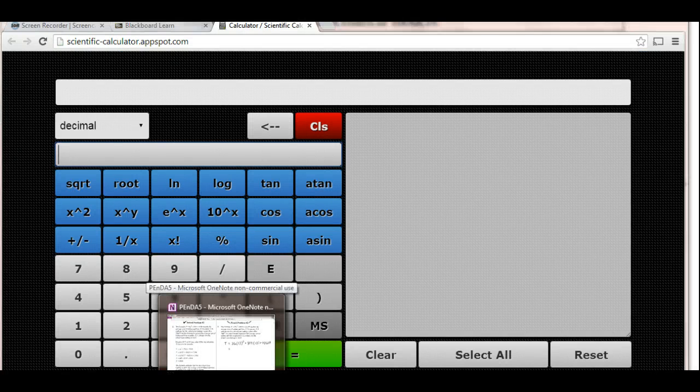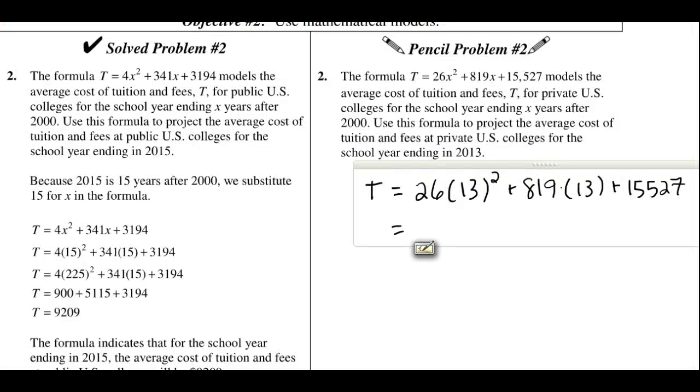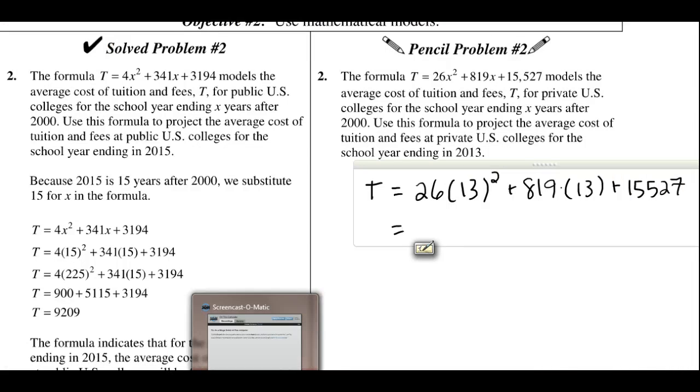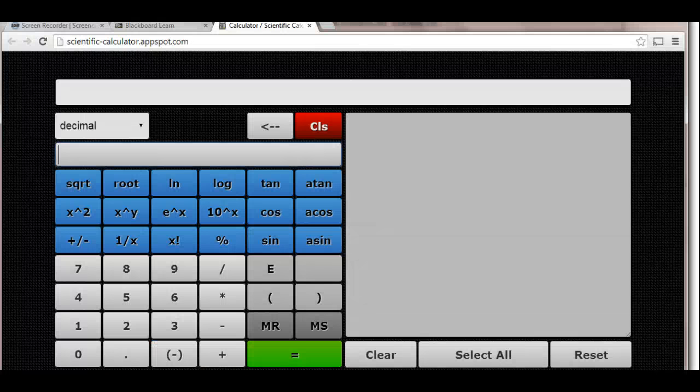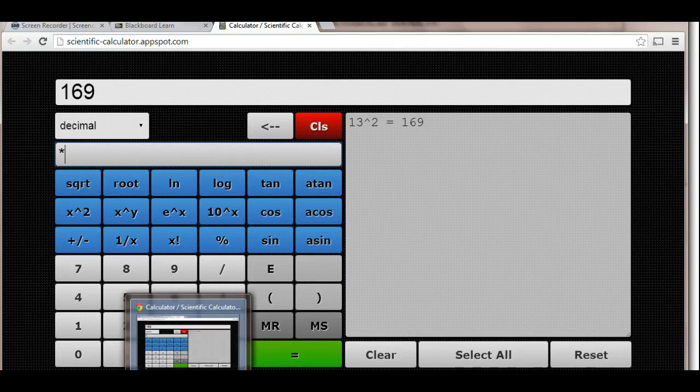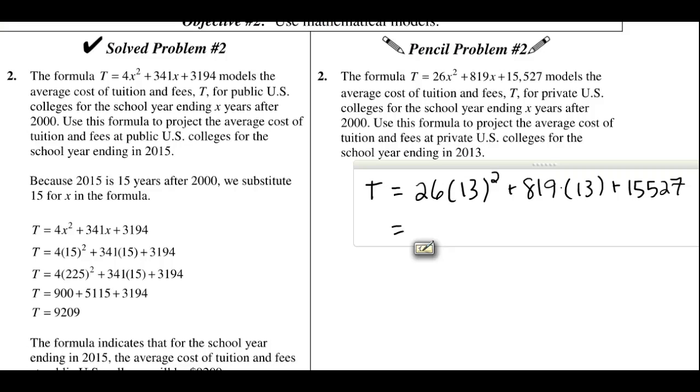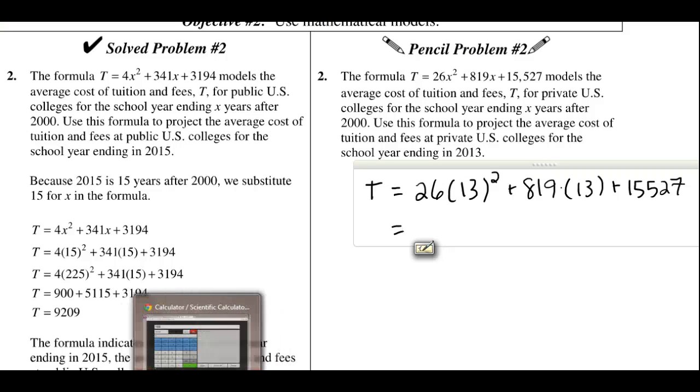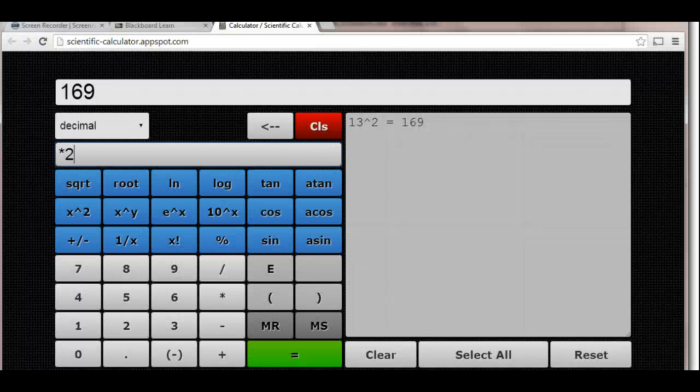So what do we have? 26 times 13 squared. Well, if we come back to that calculator, we can do that here. So 13, this x squared button means square it. Remember to square that number. And then we want to multiply that by 26.